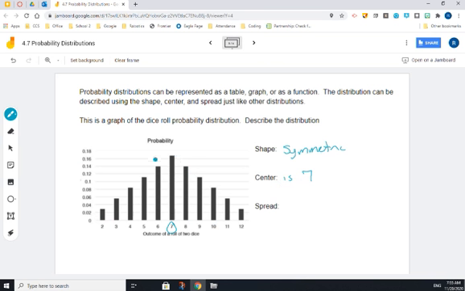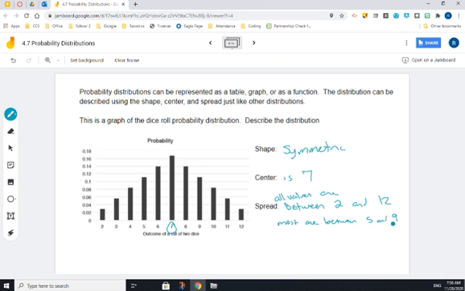However, we might say even that most of the data is between 5 and 9. So I might say, I should have put that down first, all values are between 2 and 12. Most are between 5 and 9. And so that's going to be the spread.